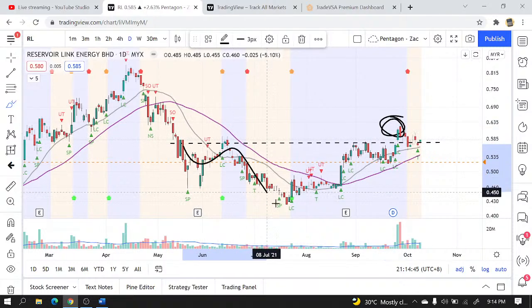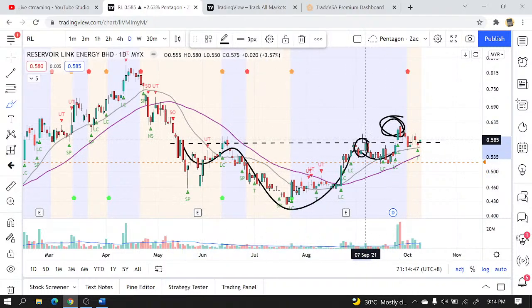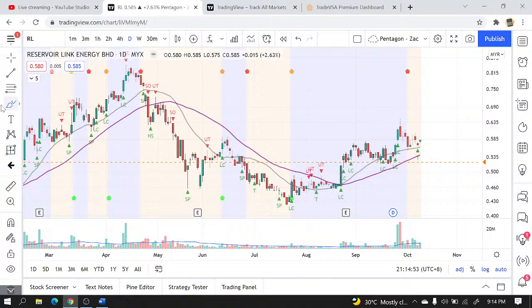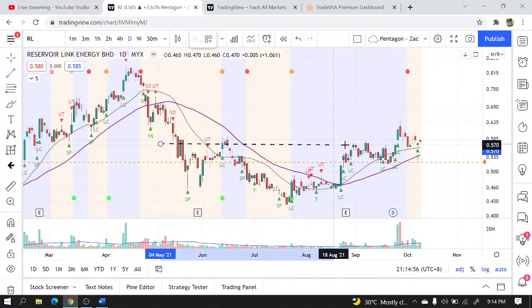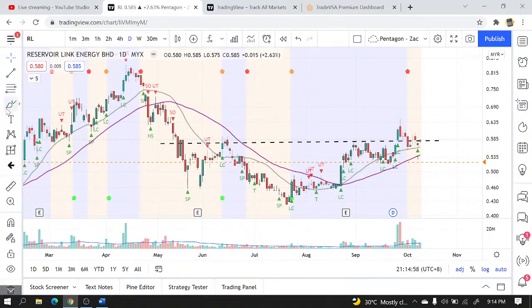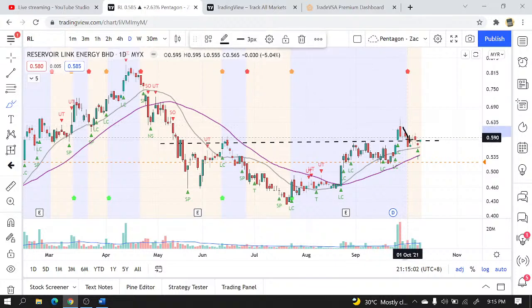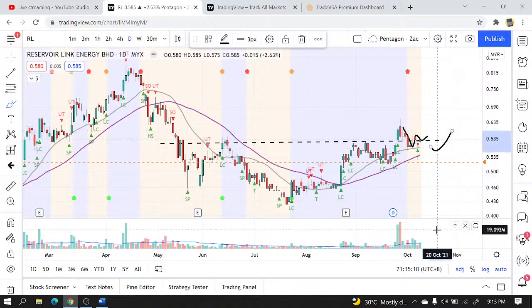It actually dropped below this resistance. They tried to break it and make it become support, and once it crossed, the next day it came with huge selling, high volume. It tried to go lower, but overall it's still holding up and trying to push back to the support level. In this case, it's probably okay to still monitor. We probably want to look for more signs of strength, right?